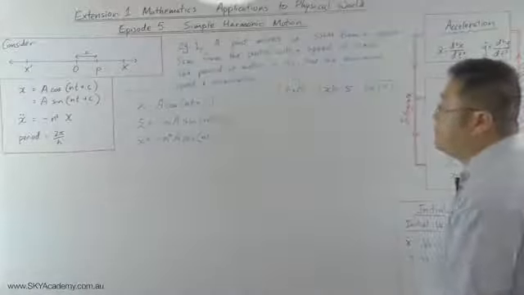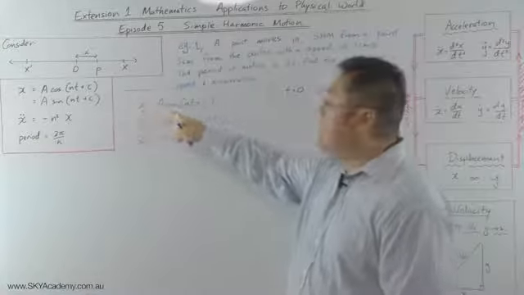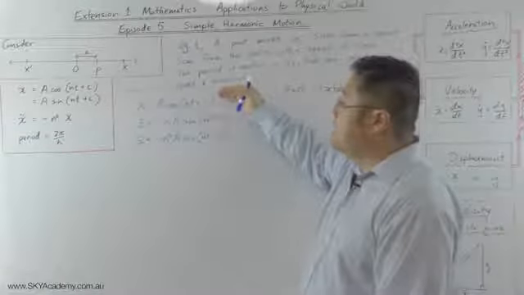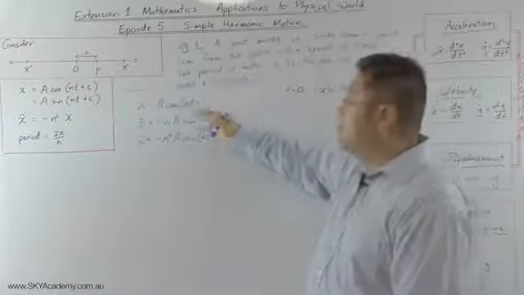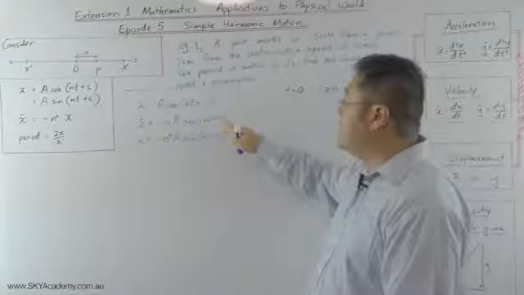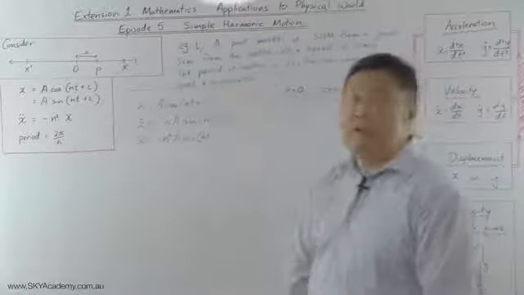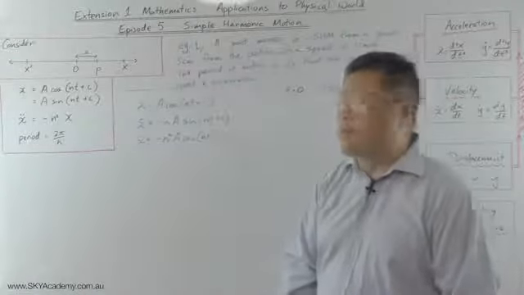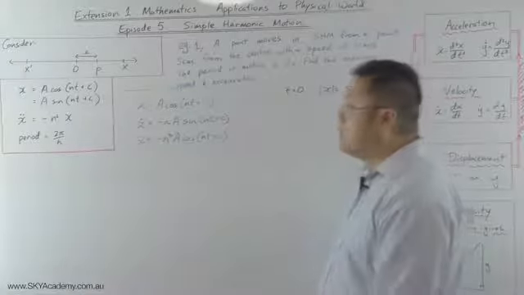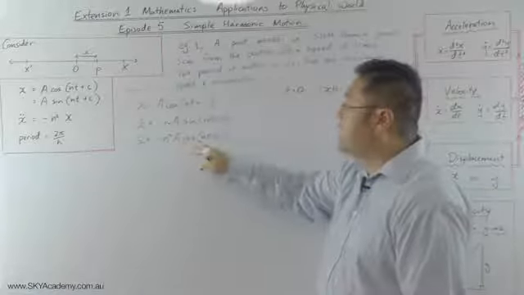Now, what we know is that the displacement will be A cos(nt + c), which means that the velocity will be -nA sin(nt + c), which is in fact the derivative of the displacement function. And to find the acceleration function, we differentiate again to get -n squared A cos(nt + c).